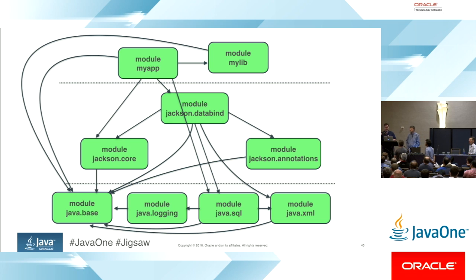It actually gets an arrow for free going back up to my app, even when data bind is an explicit module with a module declaration. Clearly it doesn't know what classes in what modules it will be reflecting over, so it can't possibly say requires them. When it reflects over them, as long as the class is exported to it, the reflection just works.